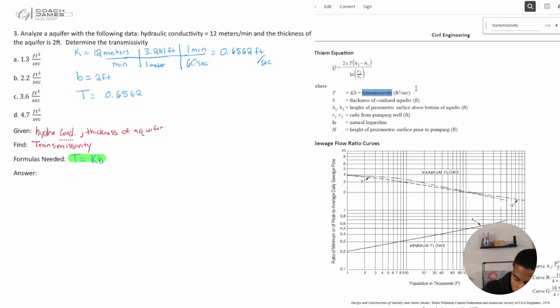But I want to make sure you know the unit, so I'm going to go back and write it out. So this is feet per second times 2 feet. And so when we do that, we get approximately 1.3. What of our units? Well, foot times a foot, feet squared, all divided by seconds. Our answer is A.